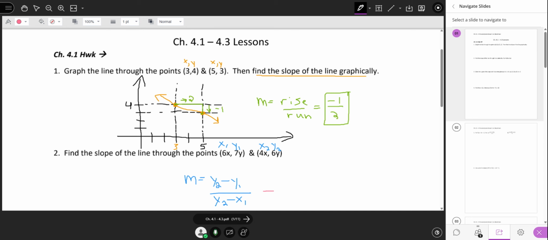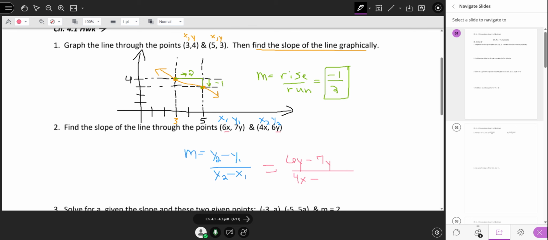So now your y2 is 6y minus your y1, which is 7y, your x2, which is 4x, minus your first x, which is 6x.